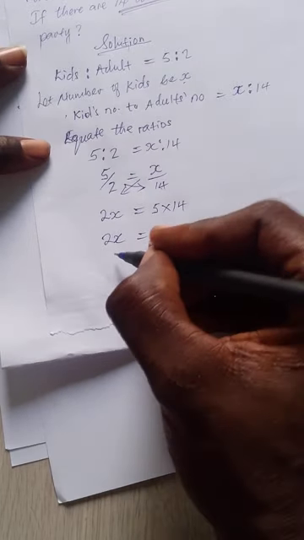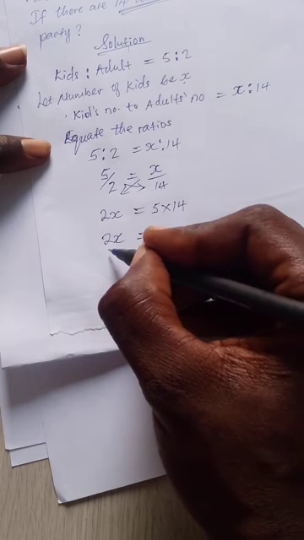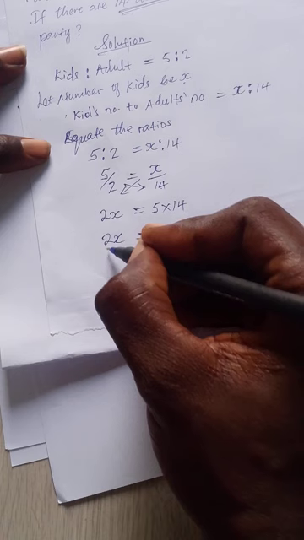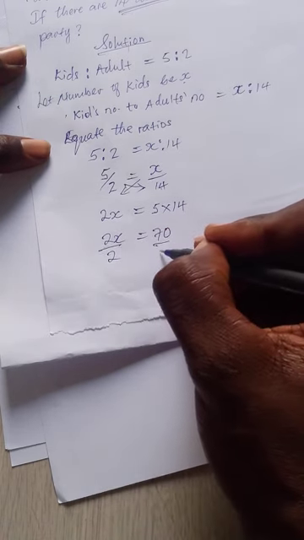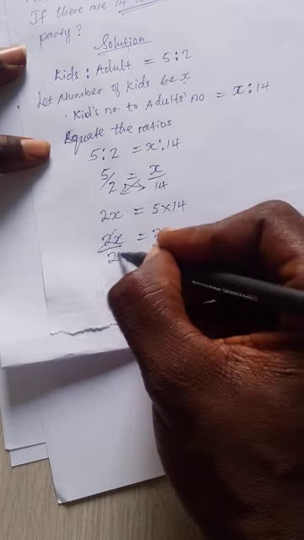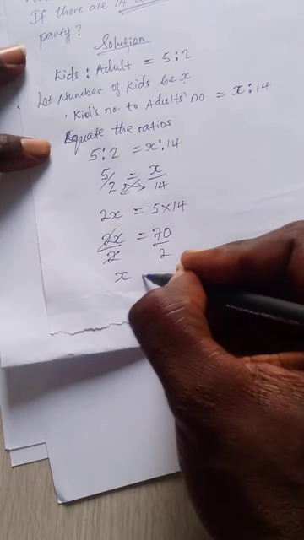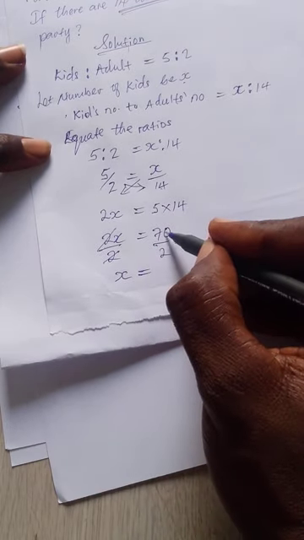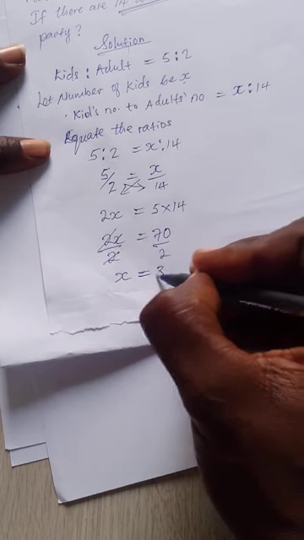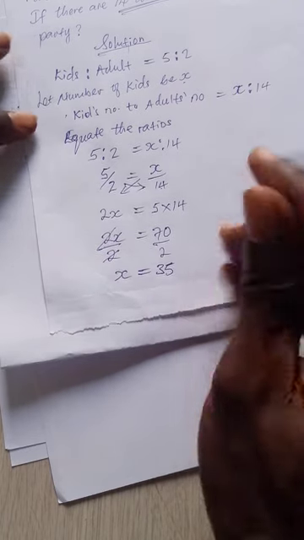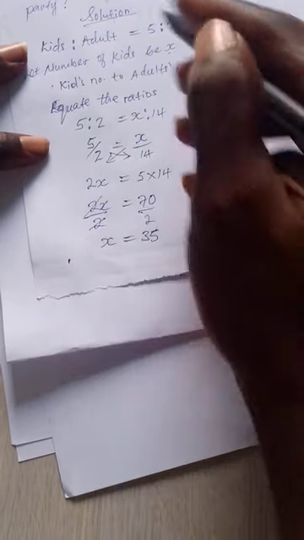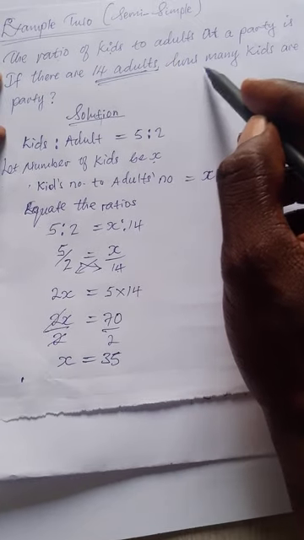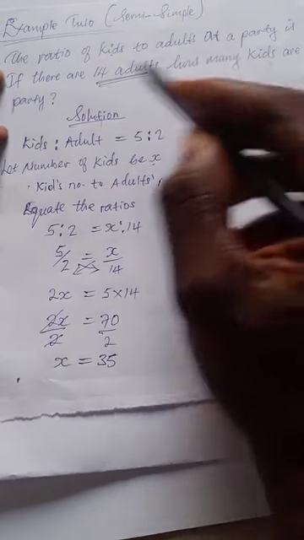Fine. So now, if we want the value of x, we are sure going to divide both sides by 2, the coefficient of x. So 2x over 2 equals 70 over 2. So 2 and this 2 will cancel each other, and we're left with x. So 70, if you divide it by 2, you will surely get 35, okay? So from the question, how many kids are at the party?